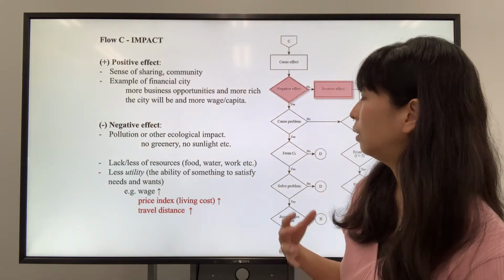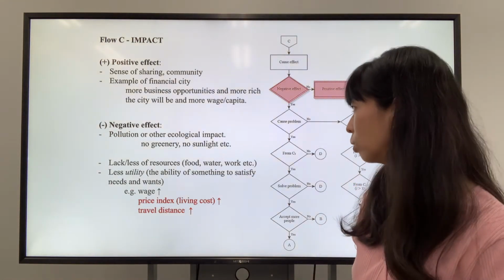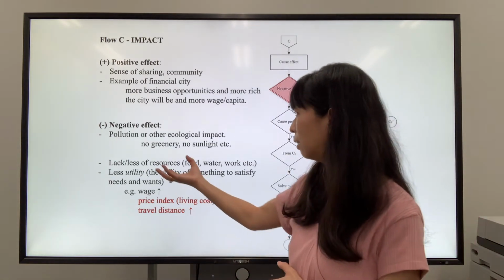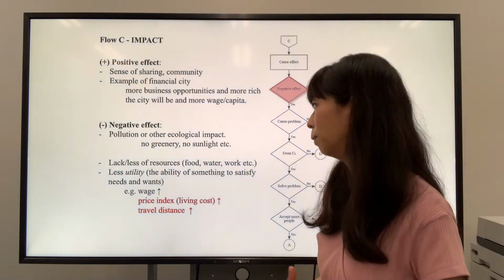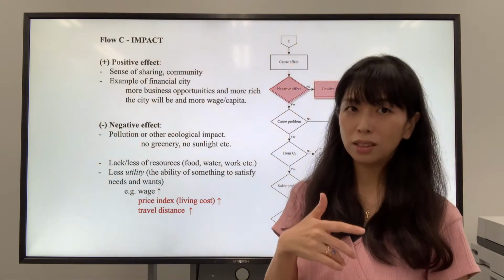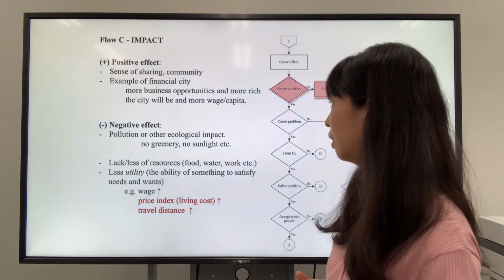And the other negative effect could be lack or less of resource. Because of the population increase, you might have less of these resources to share with the people, or it relates to less utility. So this relates to what I have mentioned in terms of the Henderson city size.